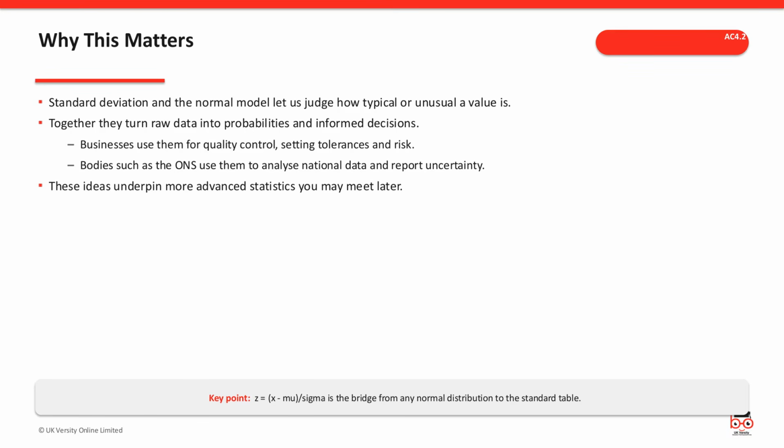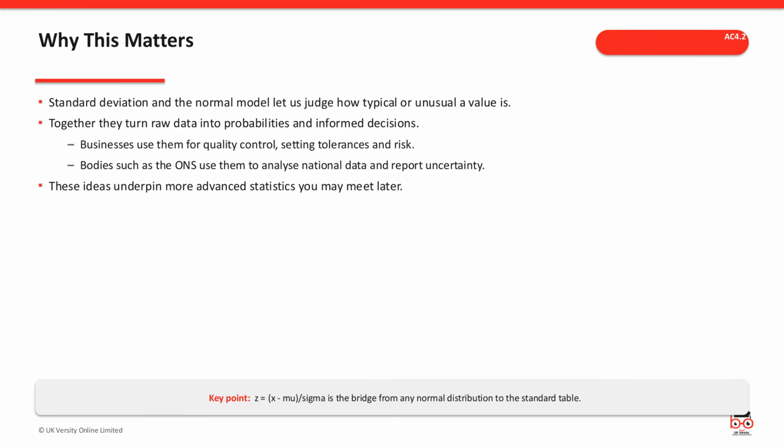Step back and see why all this counts. The standard deviation and the normal model together let us judge how typical or how unusual any value really is, turning raw data into probabilities and then into informed decisions. Businesses use them for quality control, setting tolerances and weighing risk.